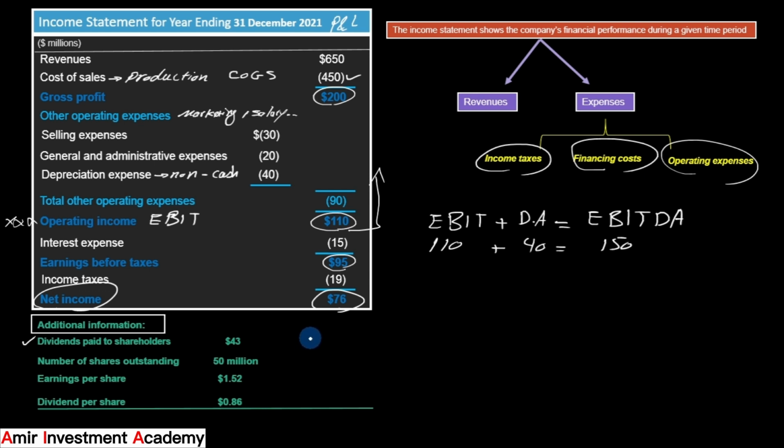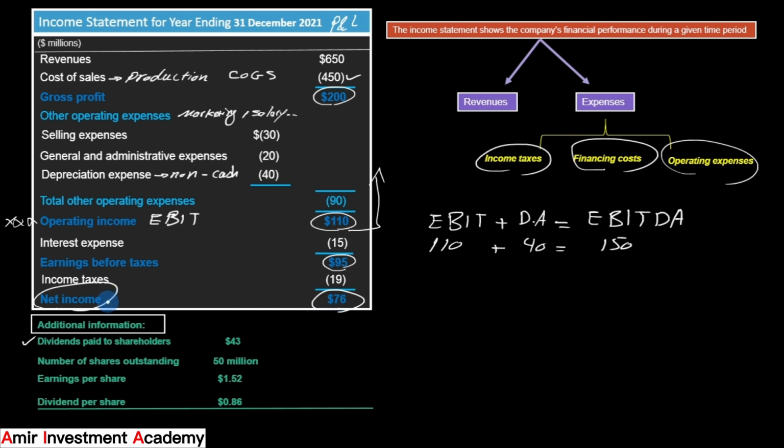So dividends: when a company makes money, the board of directors are the ones who decide whether to distribute some of that income. In our case, this 76 million, they decide whether to distribute it with the shareholders, amongst themselves.